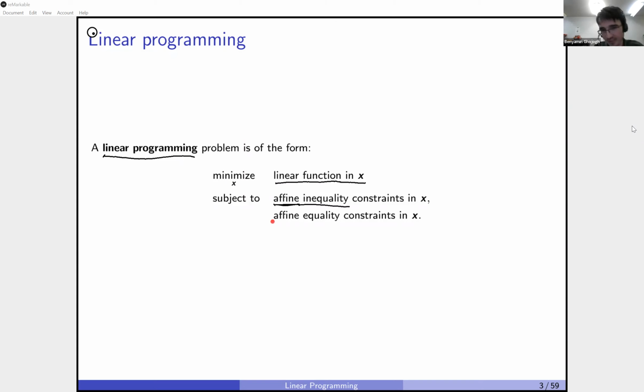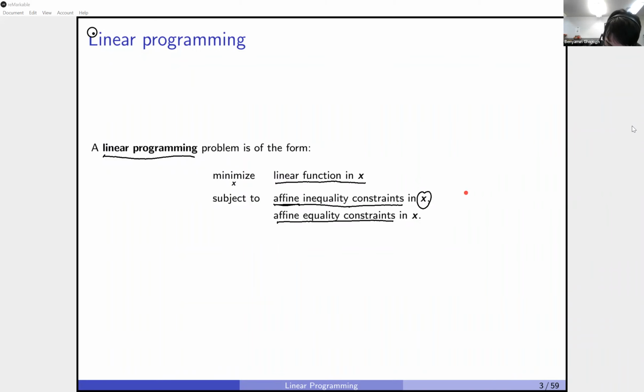Again, affine means linear, but we might have a bias too. The bias might be 0, but we might have a bias. Affine inequality constraints and affine equality constraints, all of them in X. When we say affine, we mean in terms of X. We might have some constants too, but in terms of X.